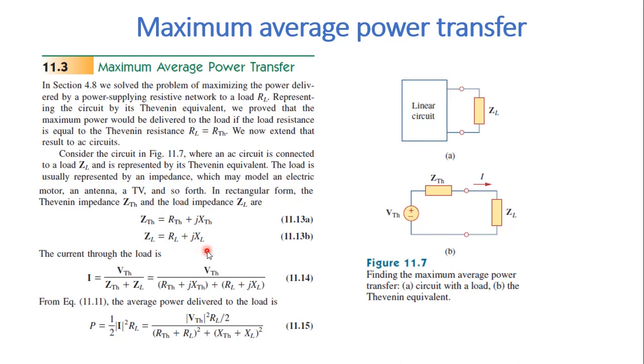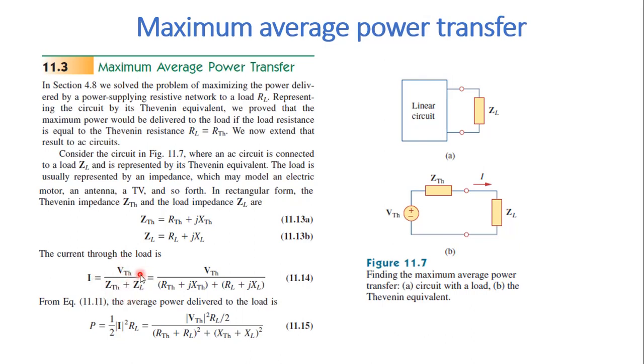Now we can find the current through the load. This is a series circuit, so we have only one current flowing in the circuit. We take that current as I. Applying Ohm's law, I is equal to V by total impedance.